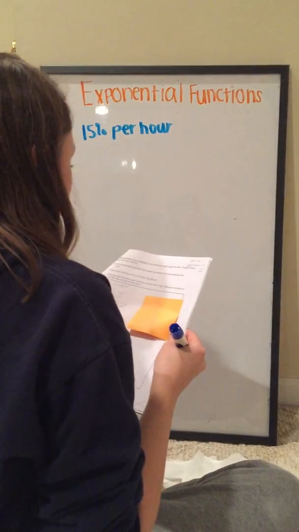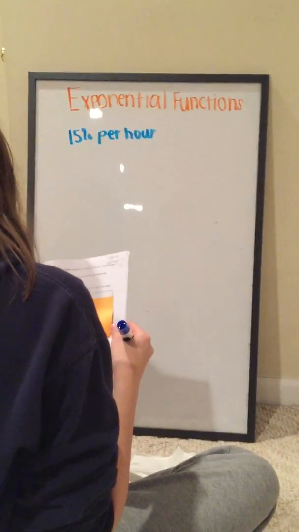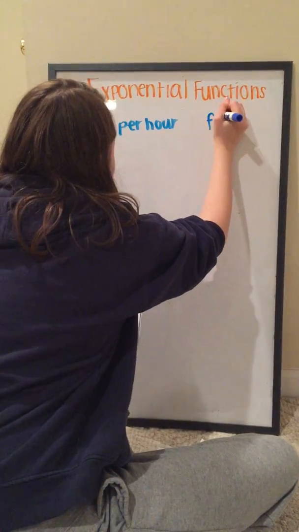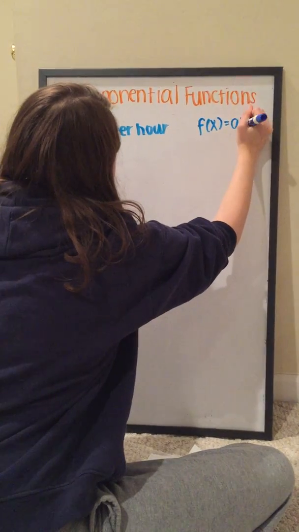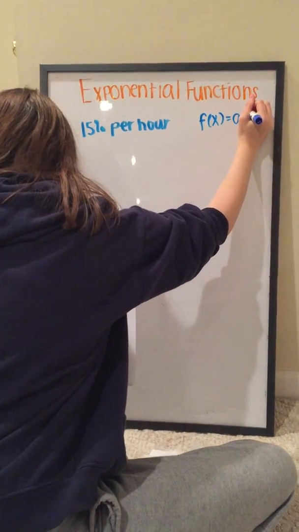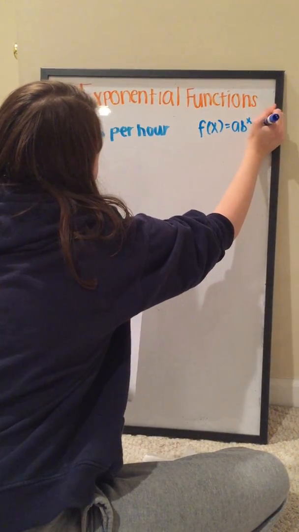And so the original exponential function is f of x equals a b to the x plus k.